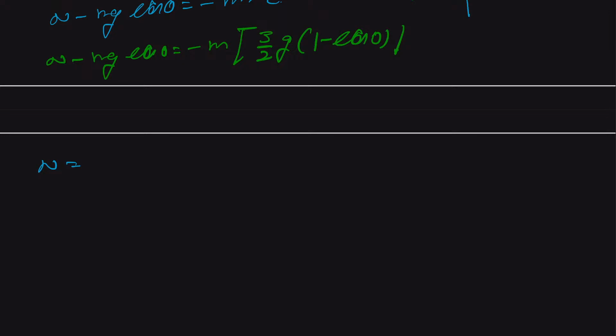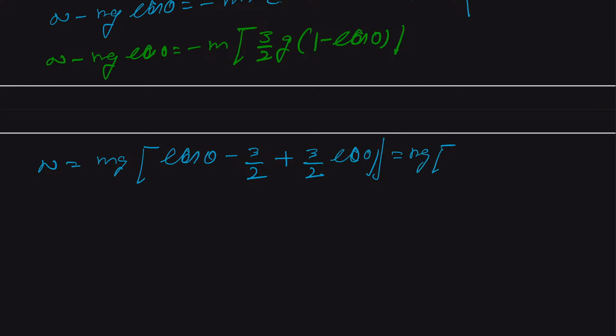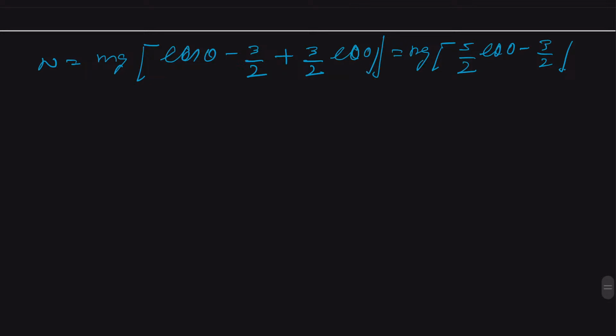So we get N will be equal to, we can take mg as common, and we get cos of theta, minus 3/2, and then plus 3/2 cos of theta, and we add, we get this over mg, and this will be 5/2 cos of theta minus 3/2.